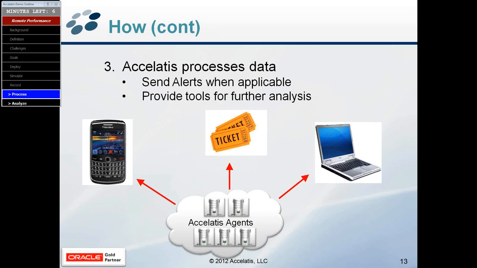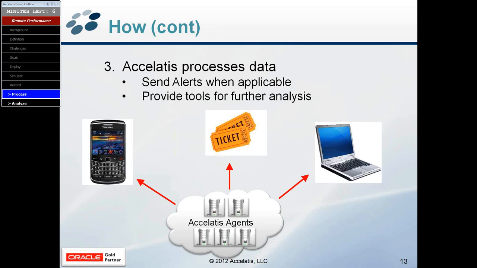So if thresholds are set, if there's ever any connectivity errors or any infrastructure errors, alerts can be sent out, or help desk tickets can be created, or some other email or other notifications can be processed. It can also detect if performance is below a certain threshold.